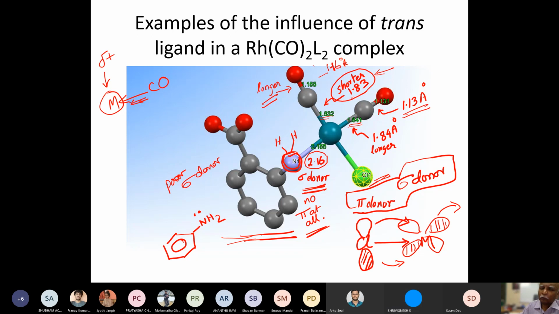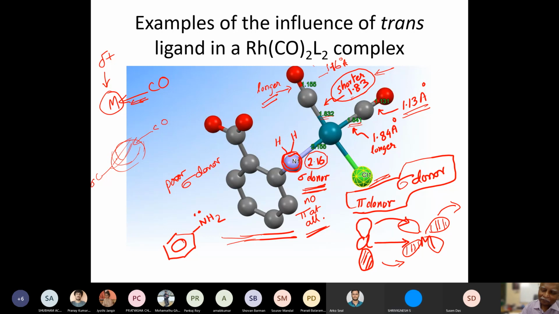Unfortunately, the sigma bond is also shared. If you are pumping electron density from the trans ligand into the sigma bond, the same orbital is also an acceptor orbital for the trans CO, right?